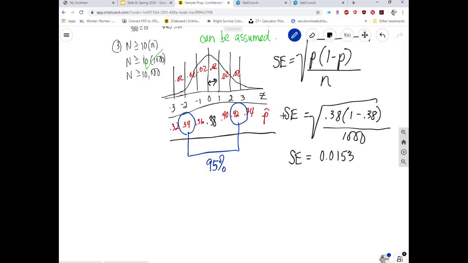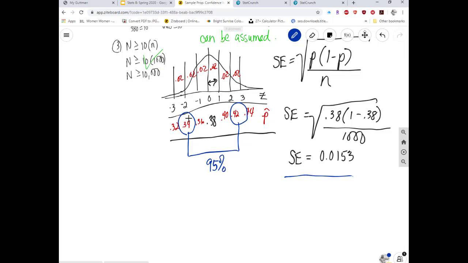Now, remember, I have rounded. This is my actual standard error. This is what I use to construct my diagram to keep things straight. Normally, in the past, we've used +2 and -2 to show the z-scores that correspond with 95% of the values existing within 2 standard deviations before and after the center value, either the proportion or the mean.